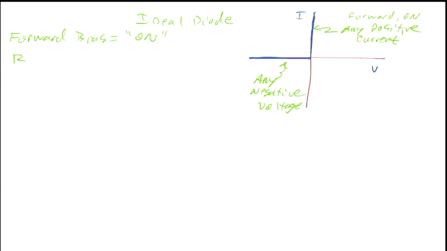And reverse bias is this region over here. And people often use these terms interchangeably. Forward bias is on, reverse bias is off. It's as if it's a switch, and we can use diodes as a switch, but we use these interchangeably: on, off, forward, reverse.